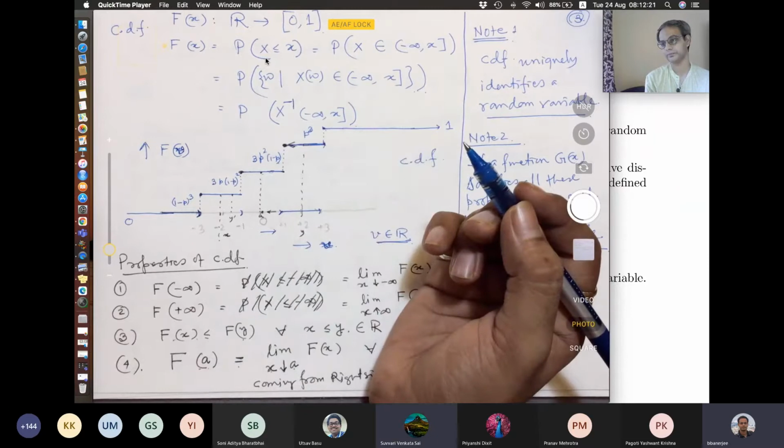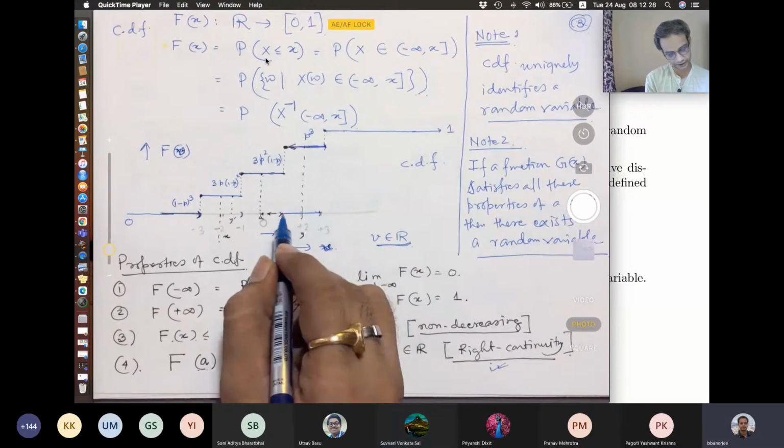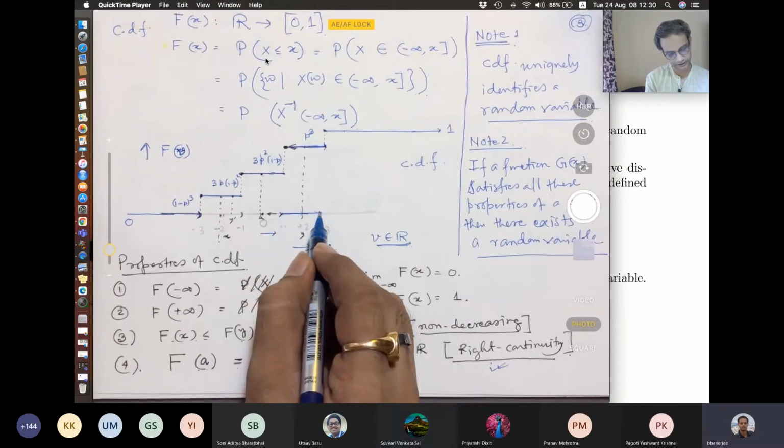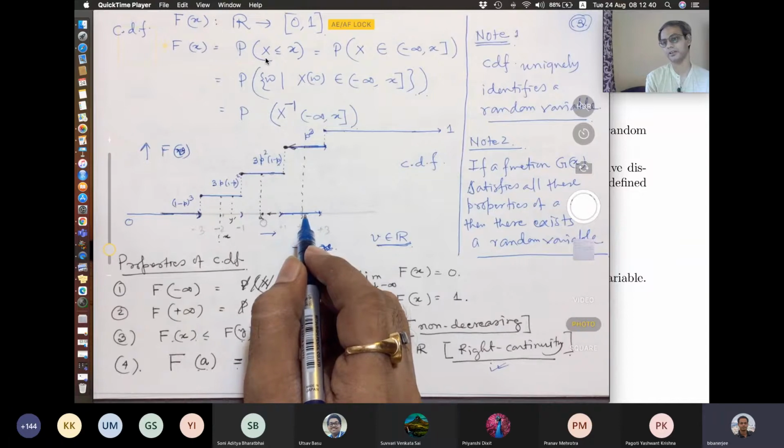In the region from 1 to 3 we have a step, so you are going to 3 from below. That limit I have not talked about. Left continuity is not guaranteed. Right continuity is guaranteed.